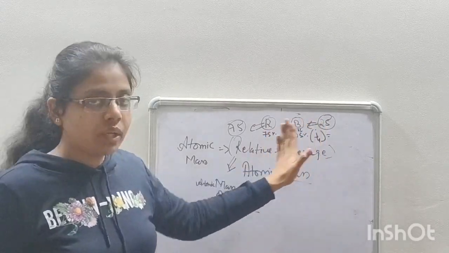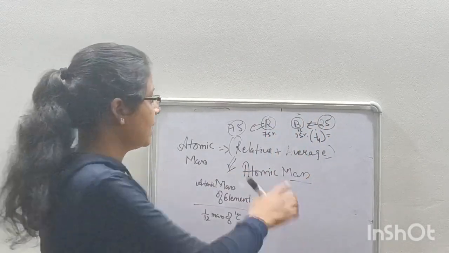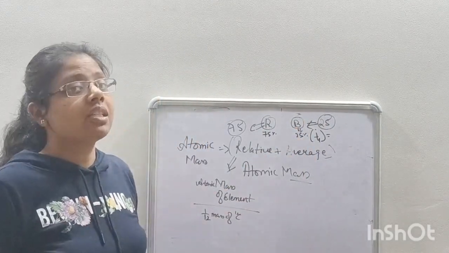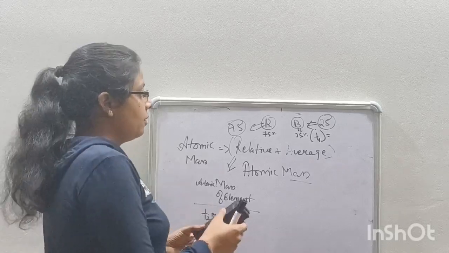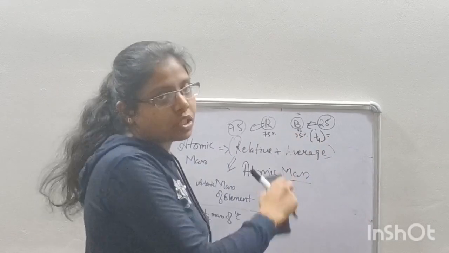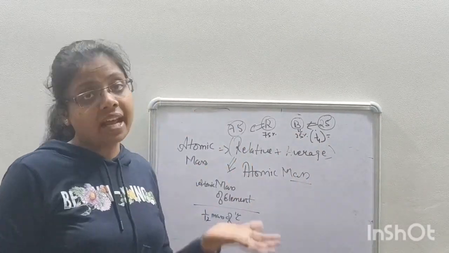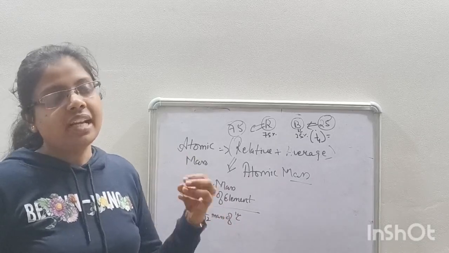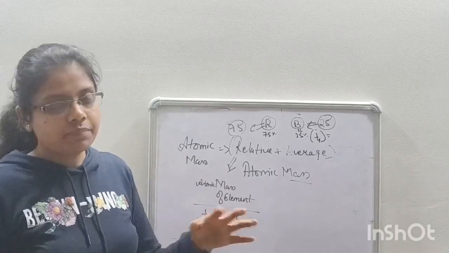If they are present in equal amount, I would take the mass of the red one and the blue one and average them. But since they are not, I have to take 75 into the mass of the red one, 25 into the mass of the blue one, and then I get the average mass of the packet of toffees.